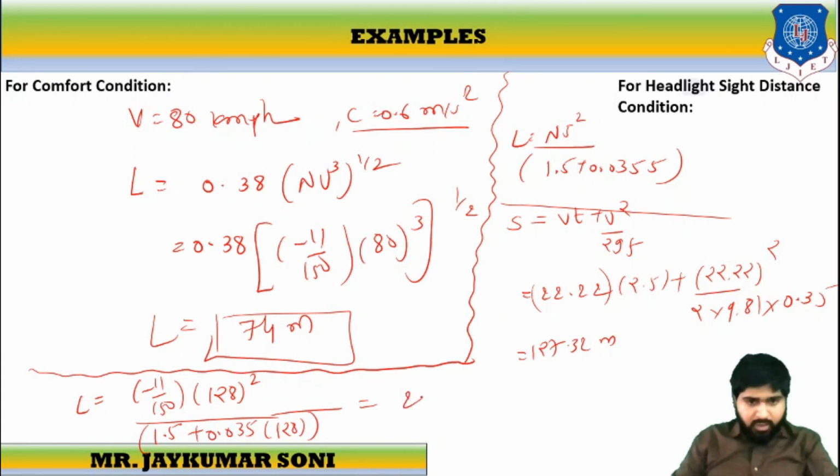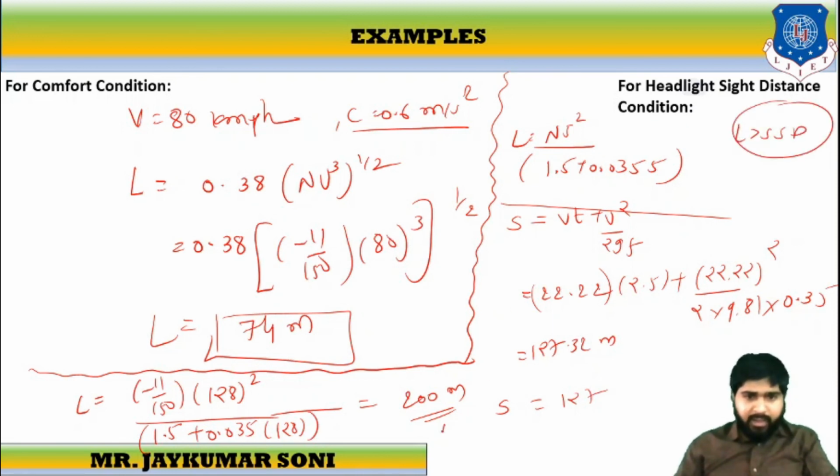Okay, so it is about 200 meter. So you do not have to worry about anything because L is 200 and we have the value of S is 127. L is more than SSD and the criteria is being satisfied. L is more than SSD, so it is okay.